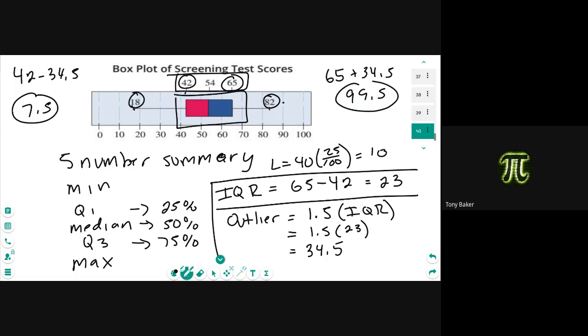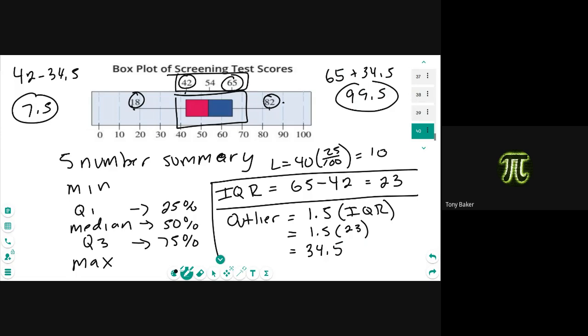Any number higher than 99.5 would be considered an outlier. We do the opposite to the other end. So you take the 42 and you subtract 34.5. Anything lower than 7.5 would be considered an outlier. That's how we determine an outlier. It has to be 1.5 times more than the interquartile range.